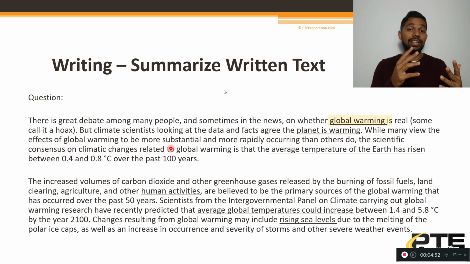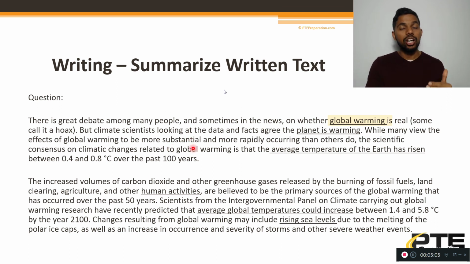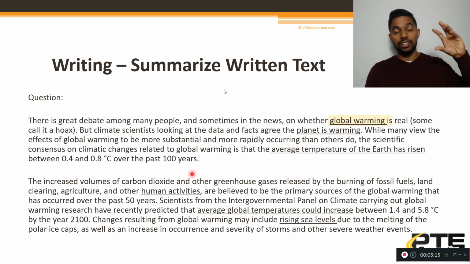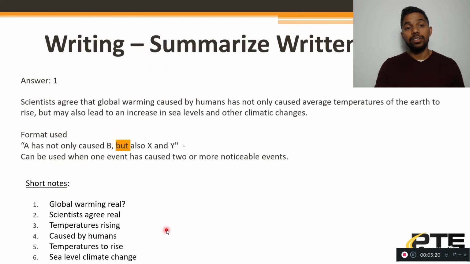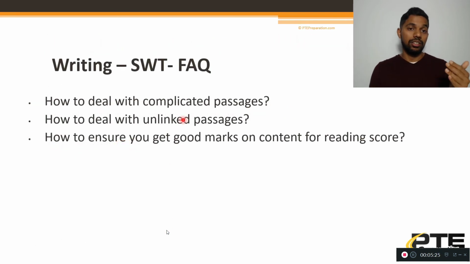They might start off with something like that, but later on they transition into something like, all these activities have led to a devastating impact on the environment, and then they go on to talk in detail about how the environment is being harmed. So the first part is just an introduction, whereas the main part is about the environment being damaged. You want to watch out for those instances where they lead with another topic altogether but the main topic is something different. In those instances, make sure you capture the key points and not those other parts that are not really the main point.